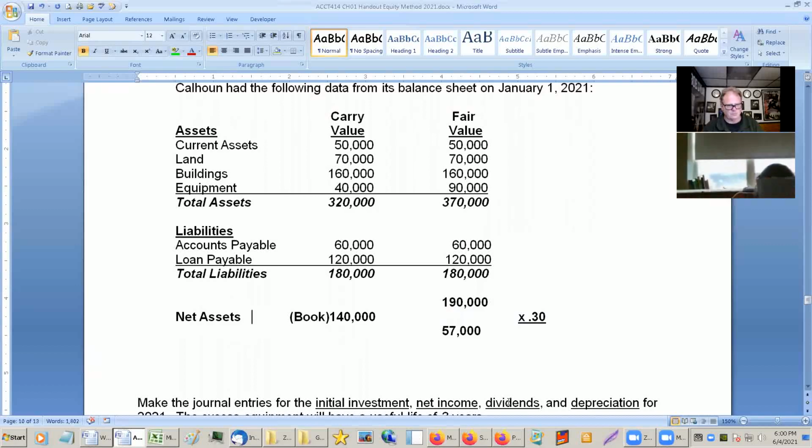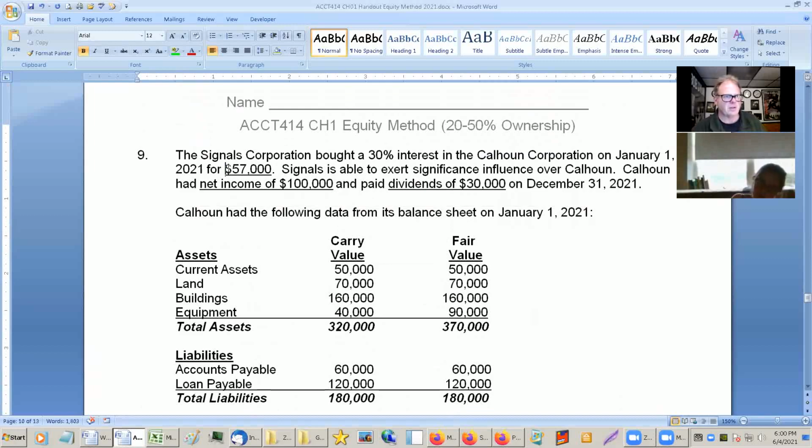So if they're doing 30% of 190, that would be 57,000. Okay, which is what we know, that's what they paid for. Yep, so they paid exactly what the fair value was.